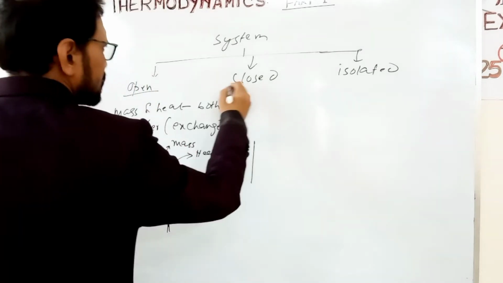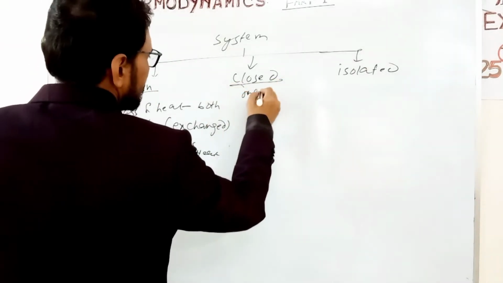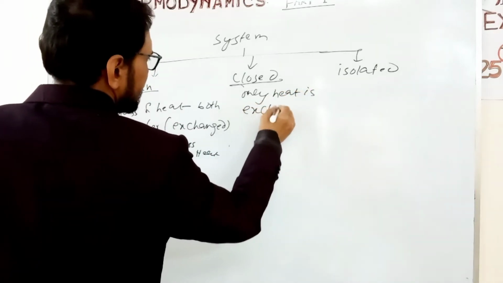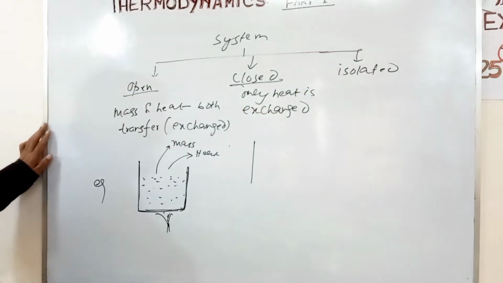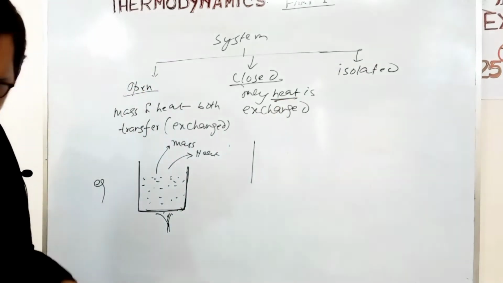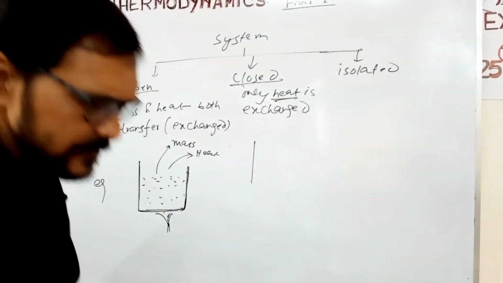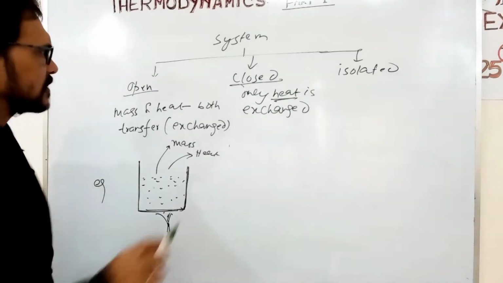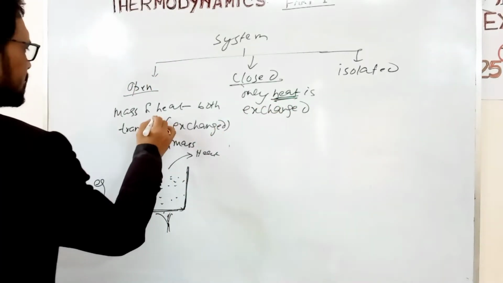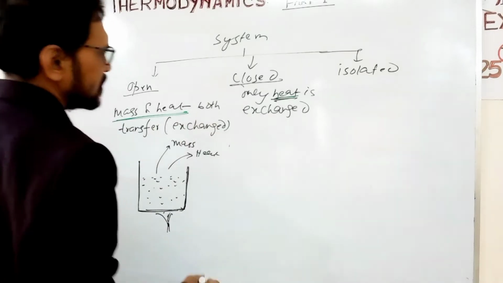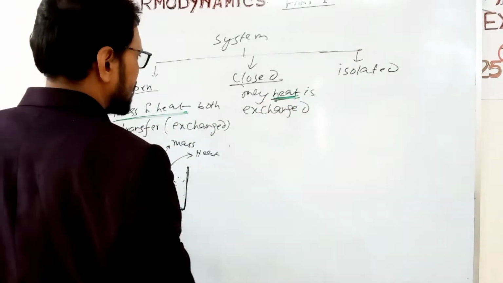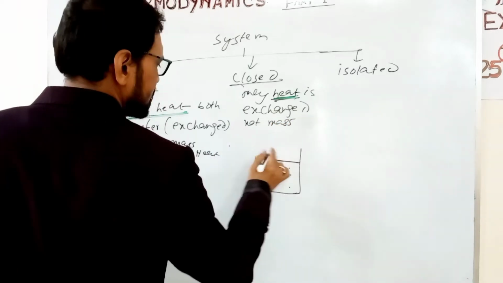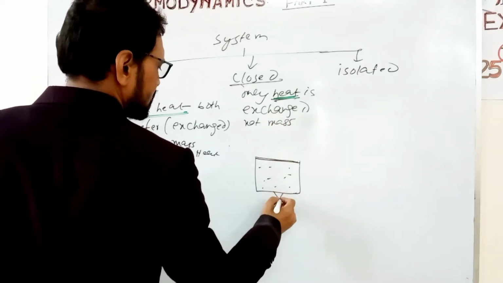So in an open system, mass and heat both transfer. In a closed system only heat is exchanged, not the mass of gas. For example, in a pressure cooker we boil some water.